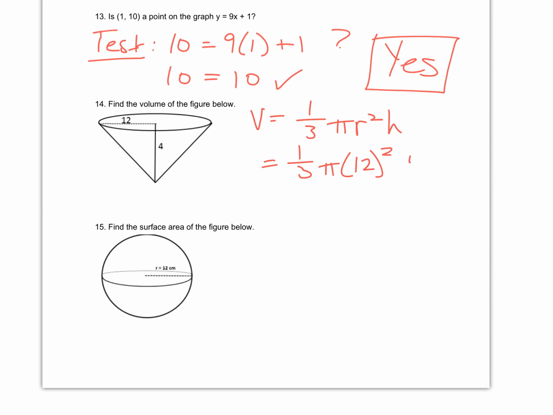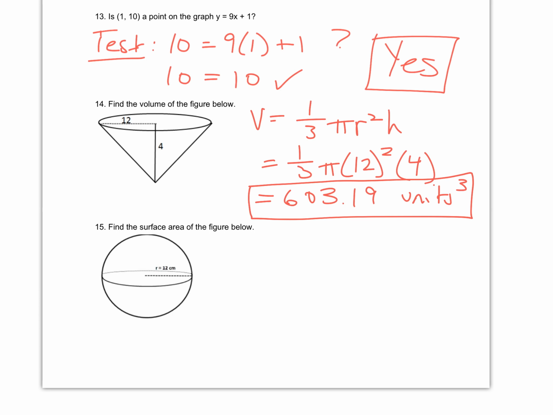I'm just going to go right to a calculator and plug this in. So I've got 1/3 times pi times 12 squared times 4, and I got a volume of 603.19 units, and that's cubed because it's volume. Units cubed.